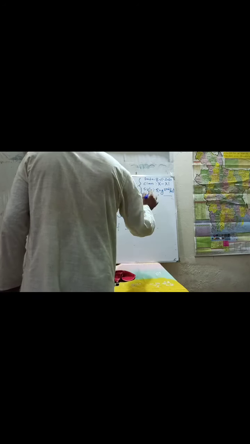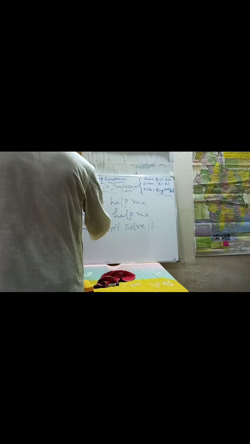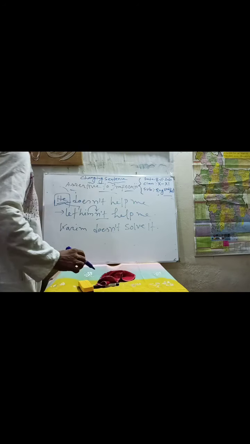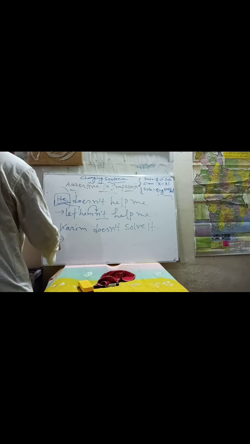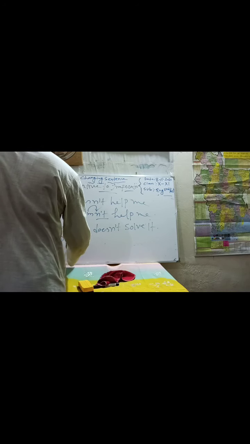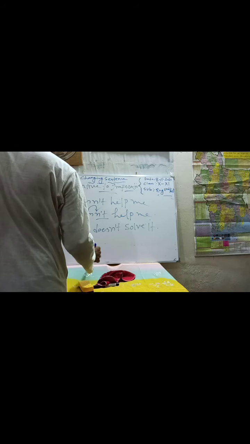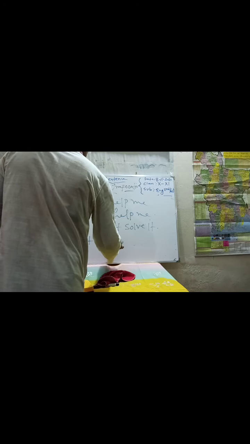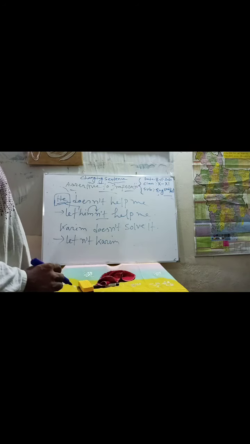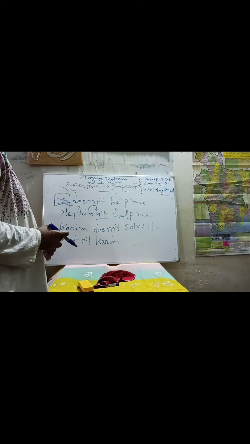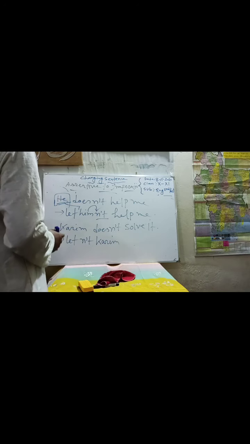So if we get any pronoun, then we use not after the objective form of the pronoun. But if we get a noun, then we use let not and then noun. So in an imperative sentence, the negative word is used before the noun. Let not for him.